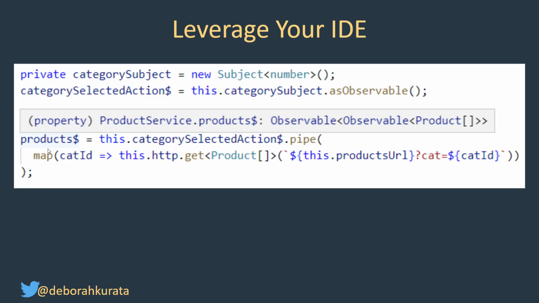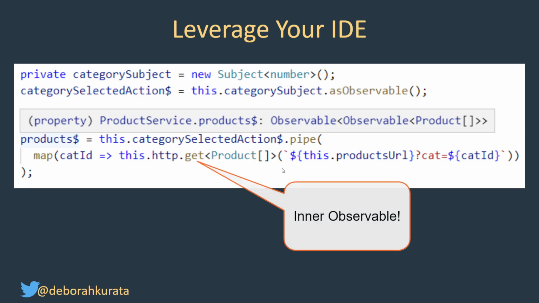If you hover over products dollar in VS Code, it will show you above that line that we have an observable of observable of product array. And that's not what we want. We want an observable of product array. So that's one problem, that we have this wrapped value that isn't in the format that we're wanting.